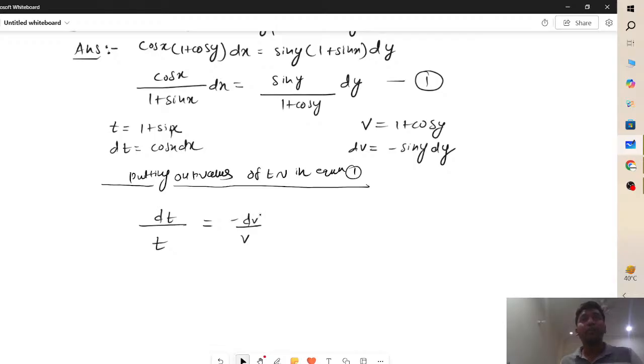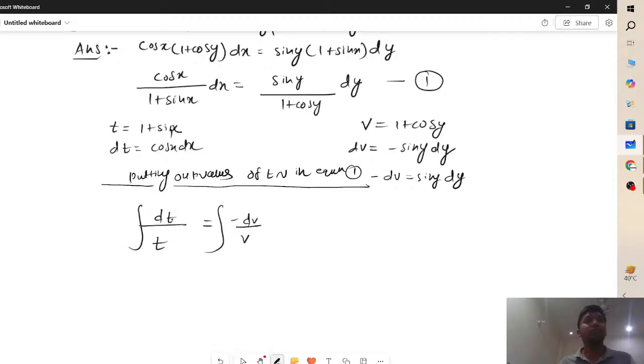Why dv? Because dv equals minus sin y dy, and in place of sin y dy we put the value of minus dv. Now we integrate both sides.